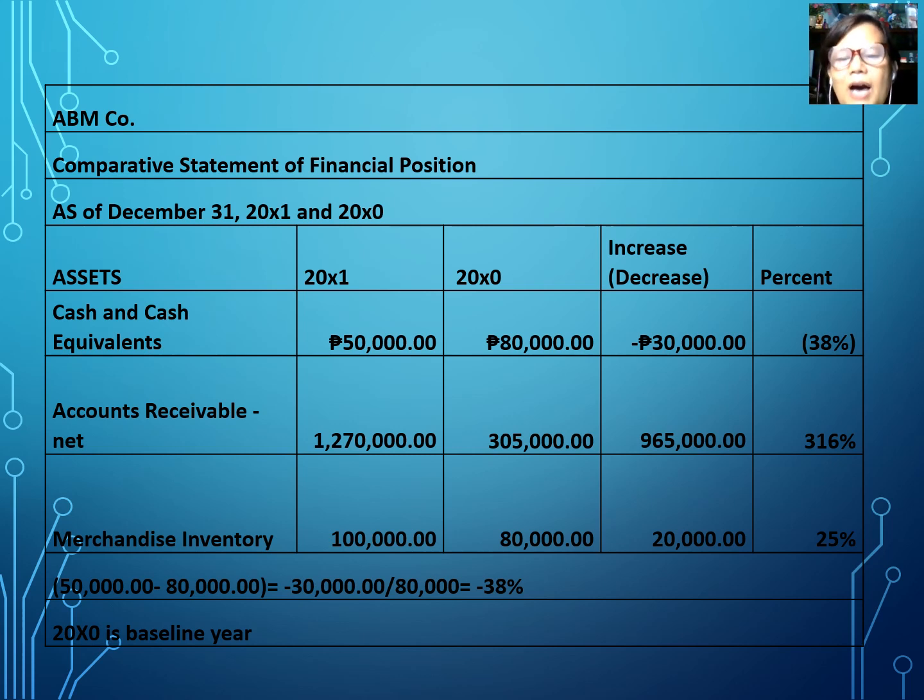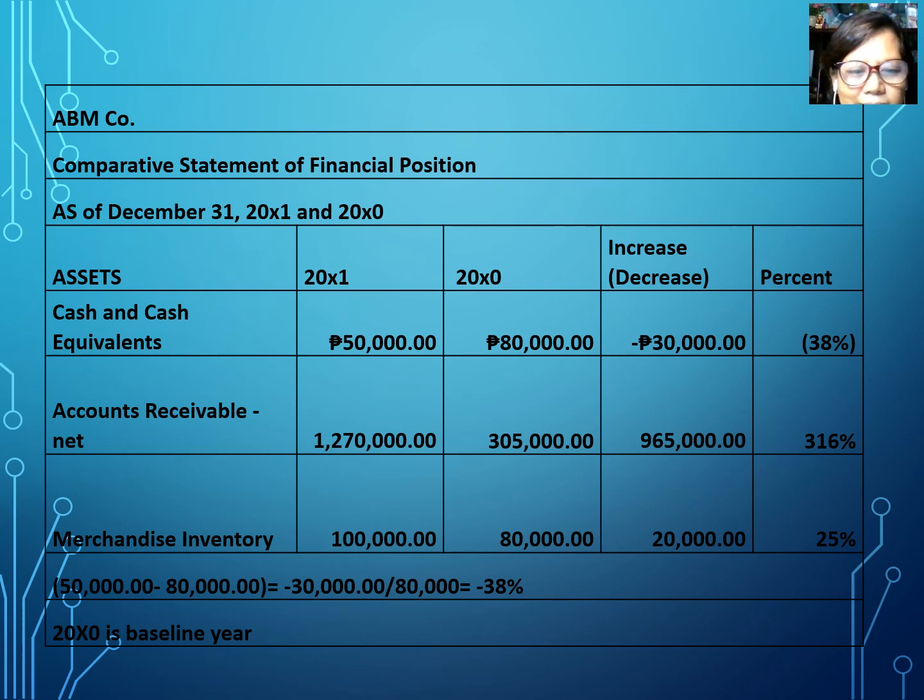Nanggaling siya sa 0.25 na naging 25% kasi inilipat ng dalawang places from the point hanggang sa right. Dalawang beses. Or another way is to multiply the decimal amount by 100.